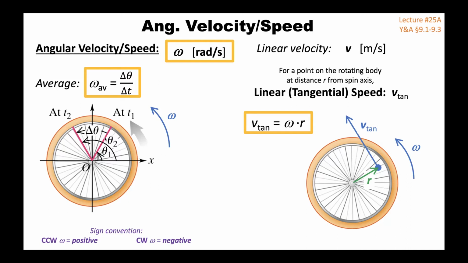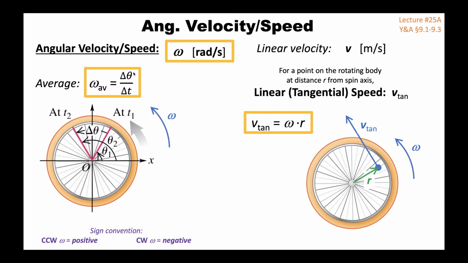So if it takes this wheel a certain amount of time, delta t, to turn through this angular displacement delta theta, then we can just divide the number of radians by the number of seconds, and that gives us the spin rate of how quickly this wheel is turning.